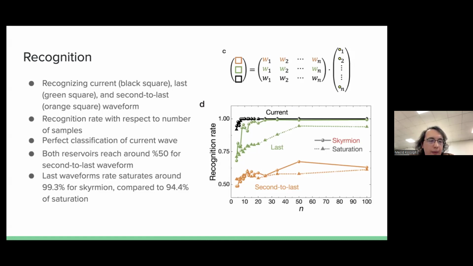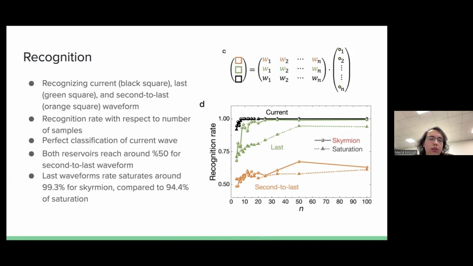So we can see from this figure that for the current waveform, the recognition rate reaches 100% increasing n, and it shows such behavior for a very small n too. So yeah, it perfectly classifies the current waveform.